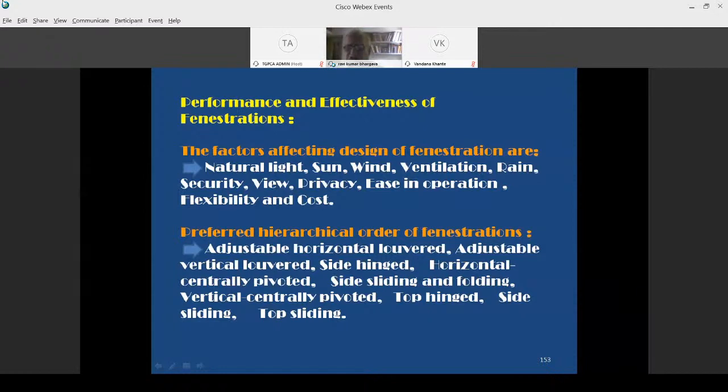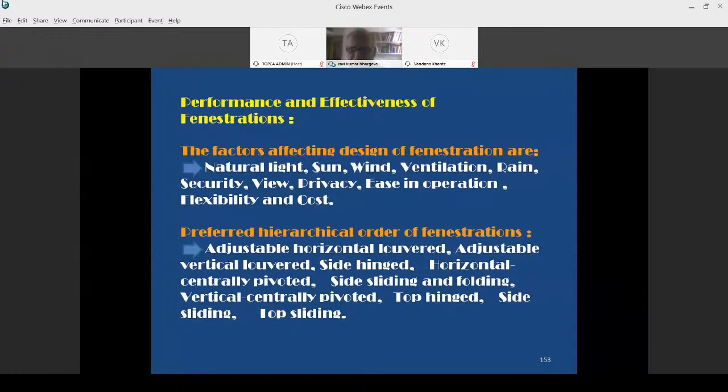Suppose the direction of the wind flow and the facade are parallel to each other, the wind will never enter inside. But opening the shutter at 45 degrees, that shutter will act as a wind catcher and divert the wind inside instead.